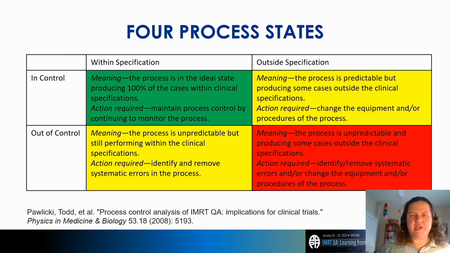And so from that, you can actually derive 4 process states in this matrix. You can be within specification or outside the specification. You can be in control or out of control. We want to be in the green box. But what's really interesting to us as medical physicists is this yellow box here of a process that is still within specification. All your QAs still pass, but it's really outside of the control.